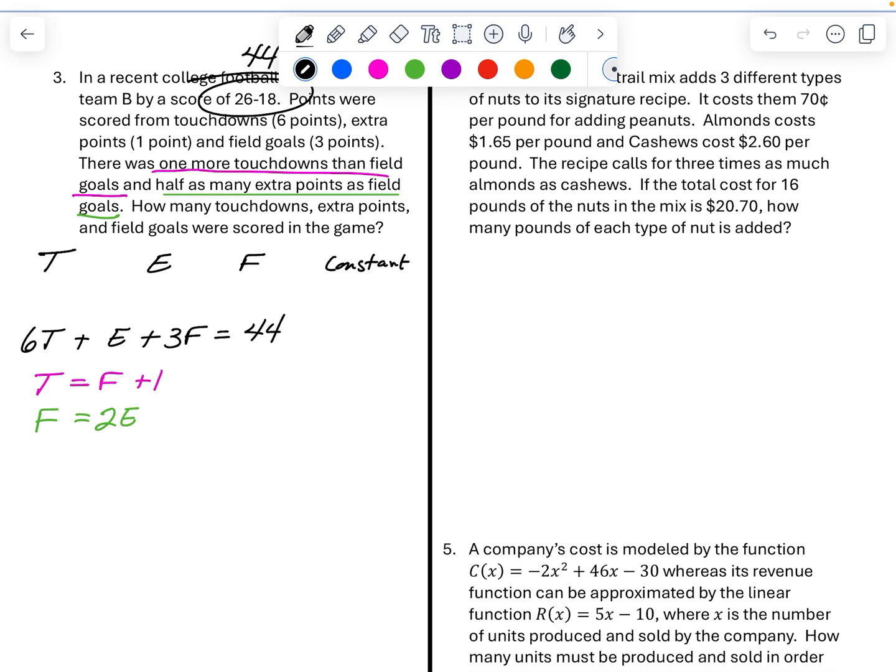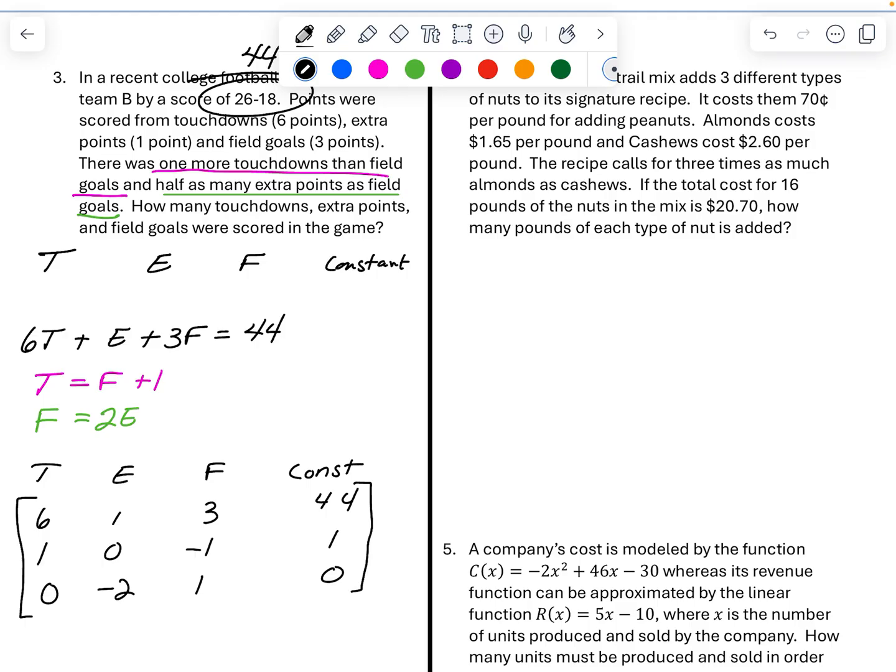These are your touchdowns. These are your extra points. These are your field goals. And this is your constants. And I would go 6, 1, 3, 44. Then 1, 0, -1, 1. And no touchdowns, -2 extra points, 1 field goal, and no numbers. And I would do that as an augmented matrix because that'll be pretty quick.